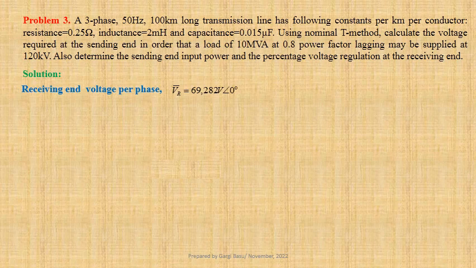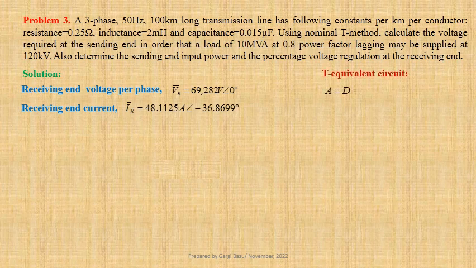We have determined receiving end current IR equals 48.1125 ampere at an angle minus 36.8699 degree, and generalized constants for T equivalent circuit A equals D equals 0.9852176 at an angle 0.3425 degree.